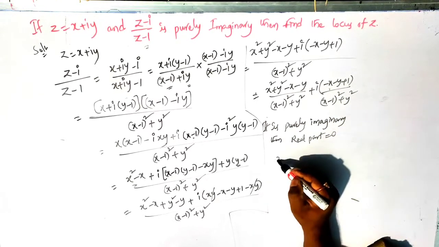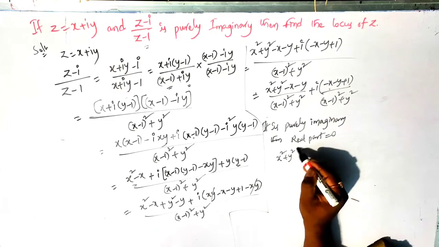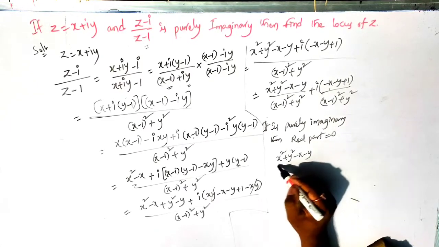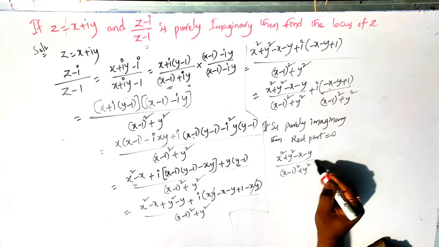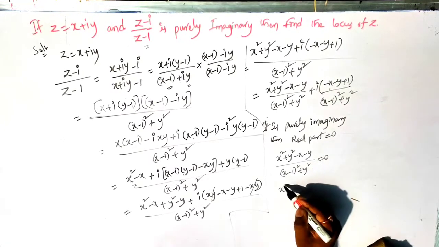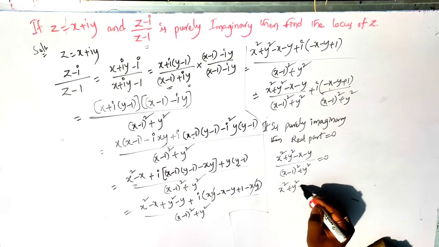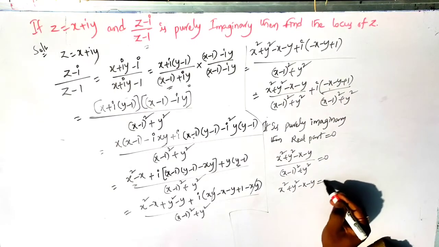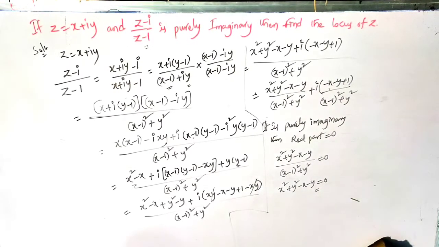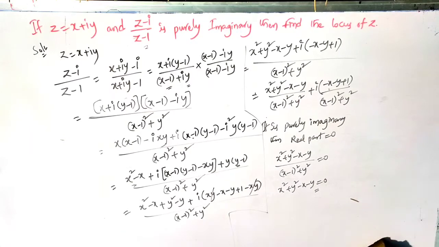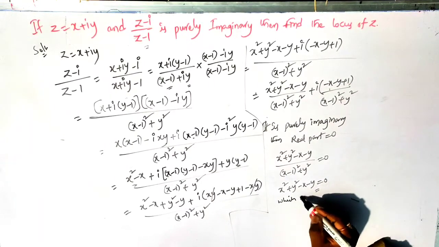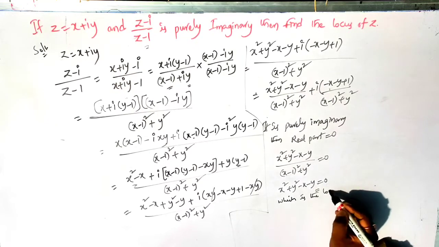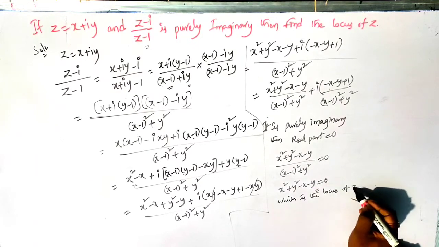The real part equals 0, that is x square plus y square minus x minus y divided by x minus 1 whole square plus y square equals 0. So that means x square plus y square minus x minus y equals 0. So this is the locus of z.